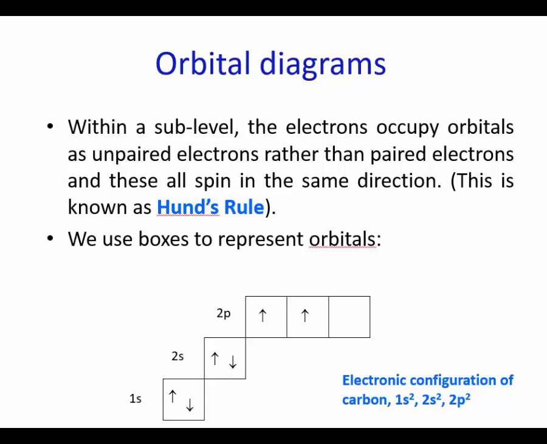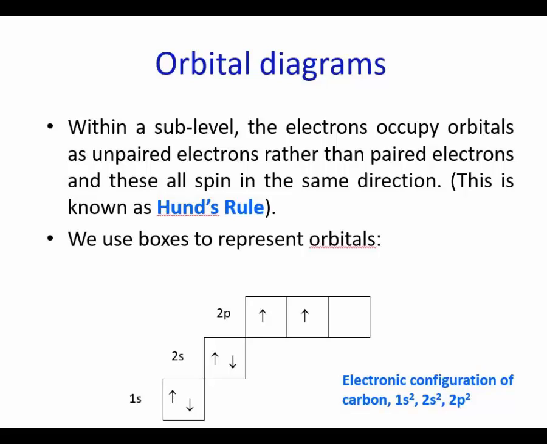Completing these orbital diagrams now. Aufbau principle was starting with the lowest energy and working your way up. You'll need to work out that from the diagram. Hund's rule is to make sure that you have put a single electron in all of the boxes for a sub-level, which only occurs for P's and D's because S's only have one.